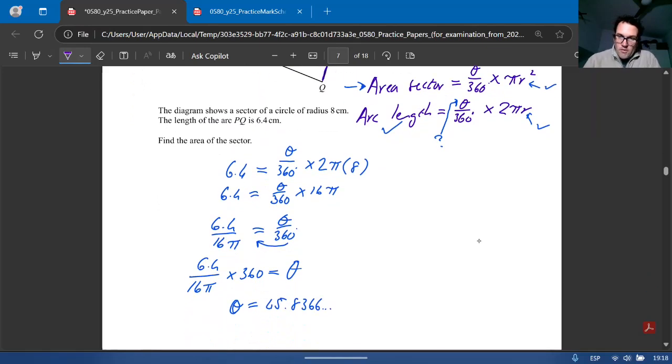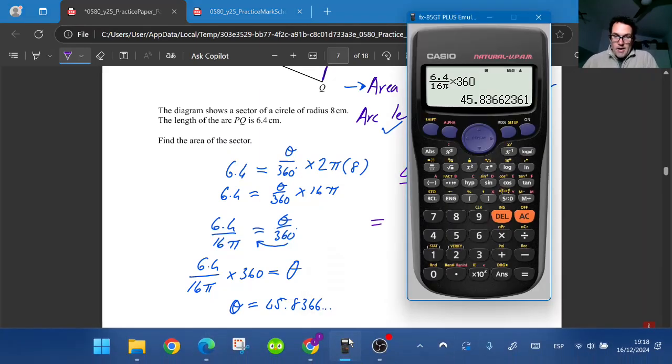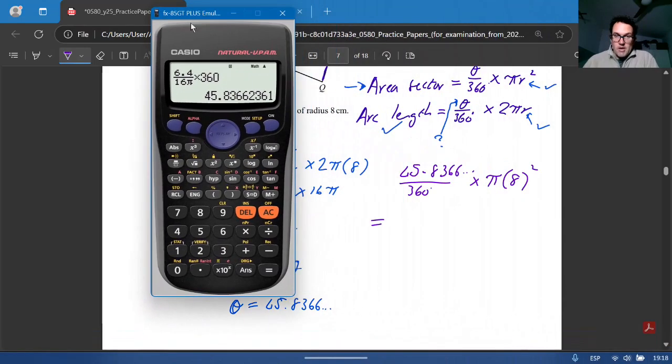So what was the angle? 45.8366, etc. divided by 360 times pi. Radius is still 8. That's it. Let's do that. See, I still got that answer on my calculator, the full one, the irrational number with the infinite amount of decimals.